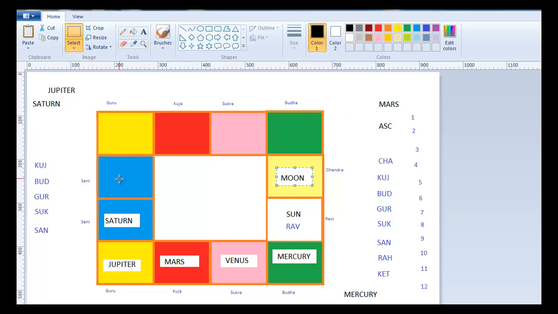Once you do this, you fill out the remaining in the same way we have done it over here. Take Mercury, the Indian name for it is Budha, put it over here. Then Shukra over here, and Kuja or Mars over here, and then Guru or Jupiter over here, and Shani over here.